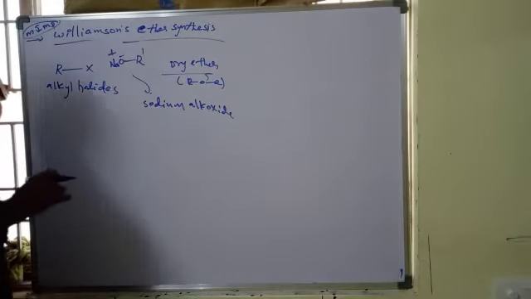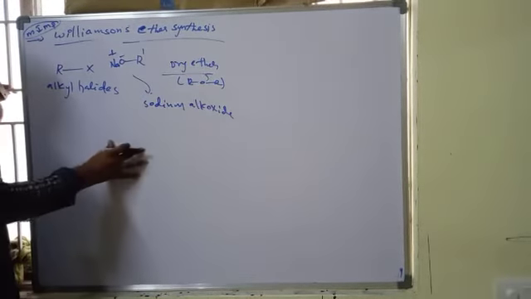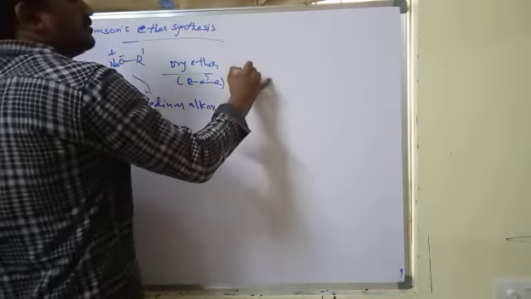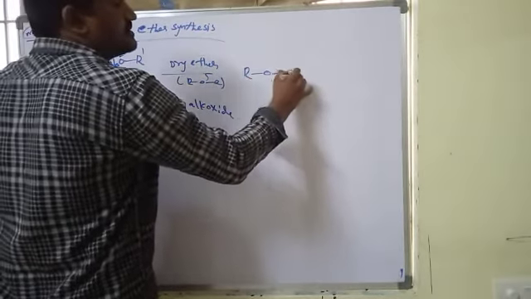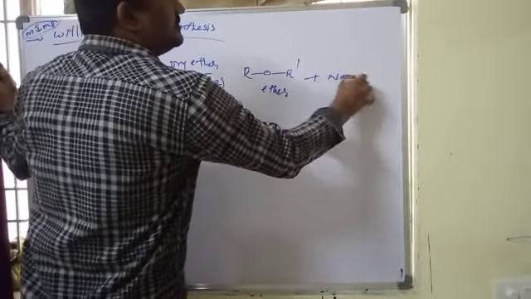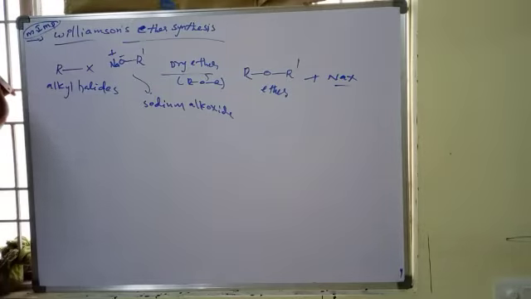So here NaX is eliminated, the product formation takes place: ether forms, plus NaX is eliminated as a byproduct.